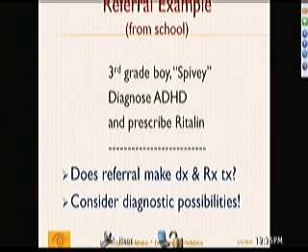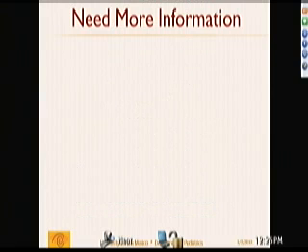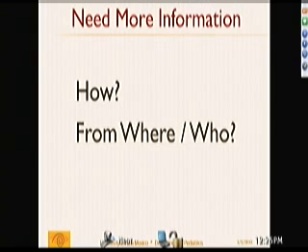Well, we know that the referral does not make the diagnosis and prescribe treatment, and we really need to consider the diagnostic possibilities. We need more information in order to do that. How do we find that information? Where do we go? From whom do we receive it?